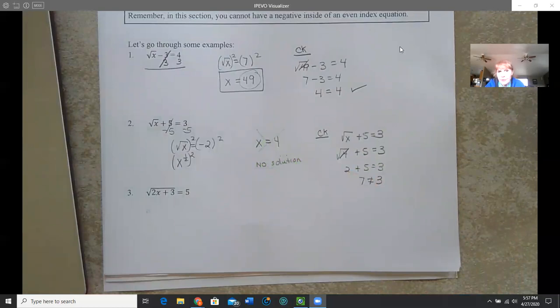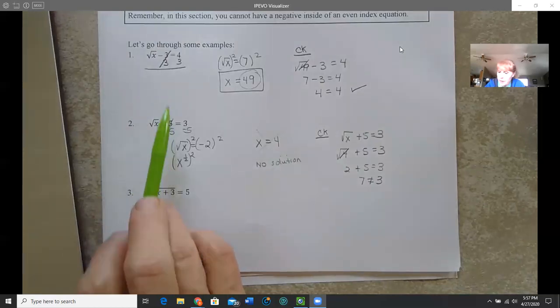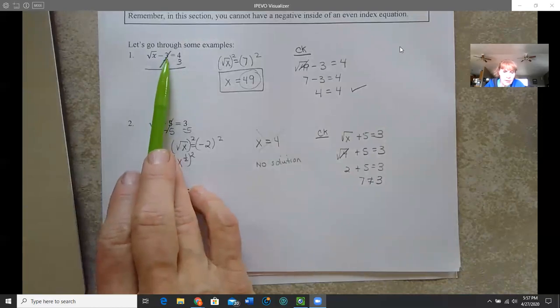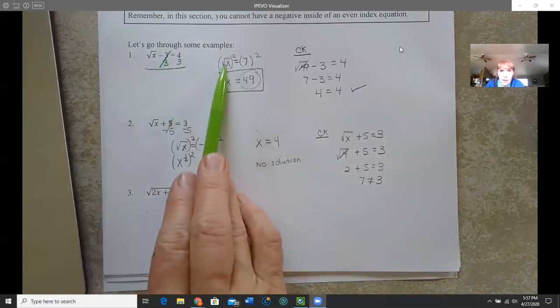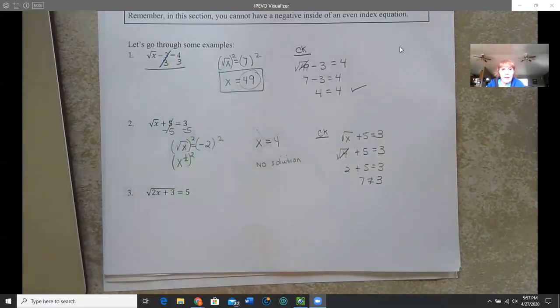So again, the first step is to isolate our radical. And on number 3, the radical is already by itself. We didn't have to get rid of a 5. We didn't have to get rid of a -3 so that the radical was by itself before we squared it to get rid of that square root.